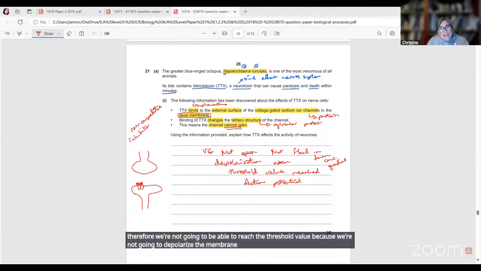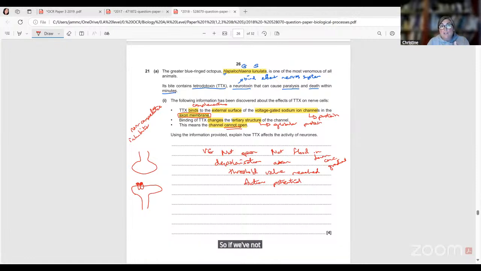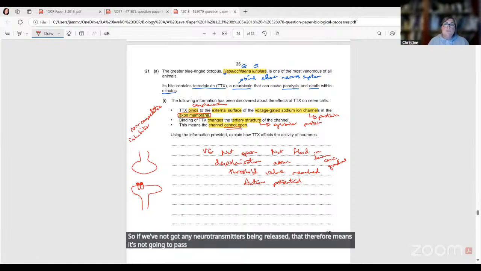We're not going to have an action potential be reached. If an action potential isn't reached, that means no neurotransmitters are going to be released. So if we've not got any neurotransmitters being released, it's not going to pass on the impulse to anything else. So that's why this is going to cause paralysis, because it's basically stopping the chemical messengers from being released, because the impulse can't make its way down.